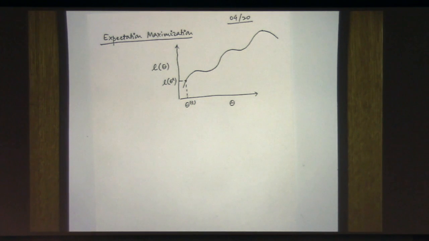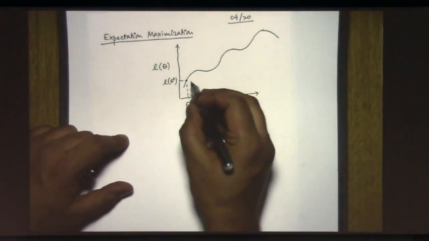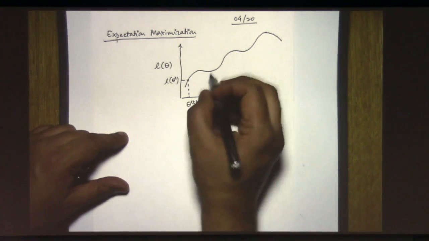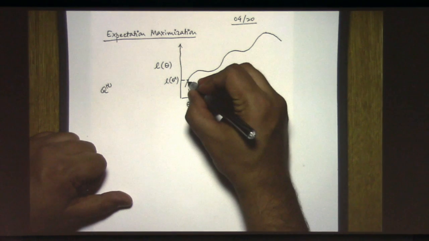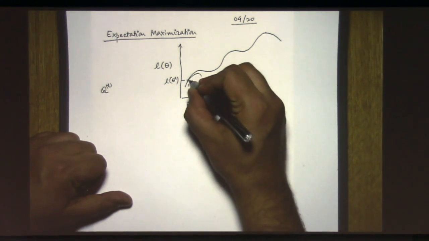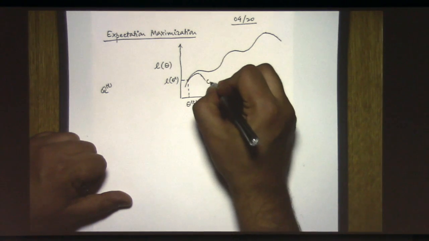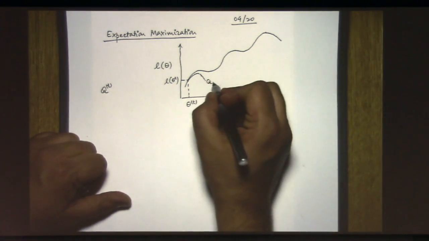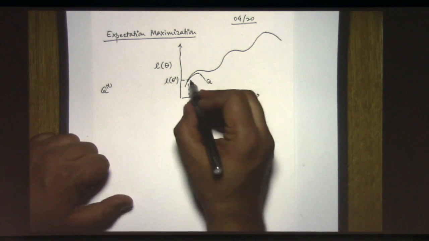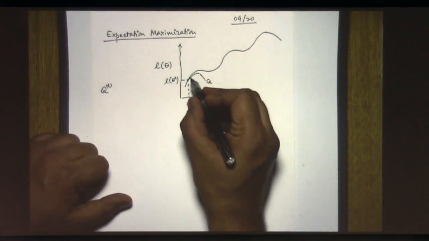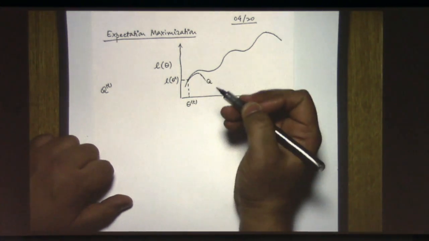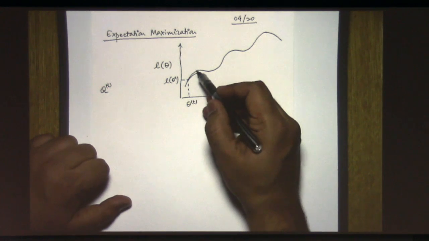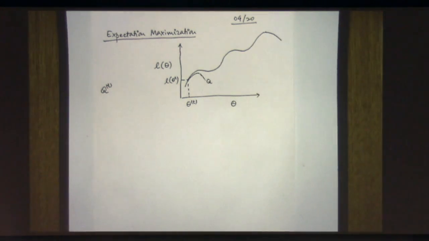Now what we assume is, let's say we know a function q at time t, which is like this. Let's say we have the knowledge of a function which touches the main objective function at theta t, and it is convex and it is always less than the main function. So let's say this is a function that we know somehow.